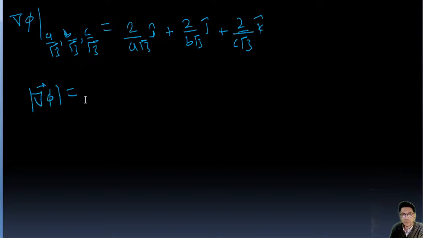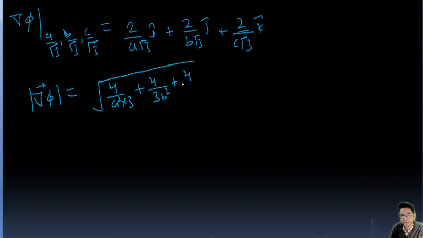We have to find the mod, so this is going to be the square root of 4 upon 3a square plus 4 upon 3b square plus 4 upon 3c square, because the square of root 3 is 3. Now this is the mod, and then we will find n cap, that is the normal vector.